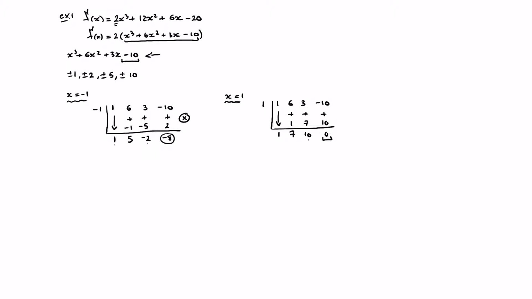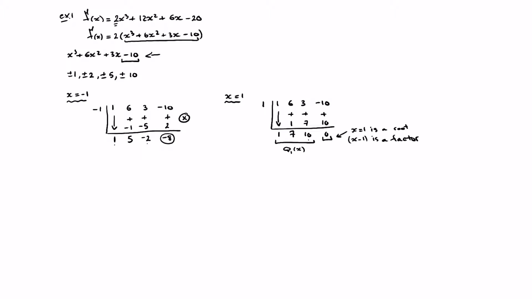Now, since we find 0, this means that x equals 1 is a root. And in turn, this allows us to state that x minus 1 is a factor of this polynomial. And we have our quotient polynomial function here, which I'll call q1 of x.